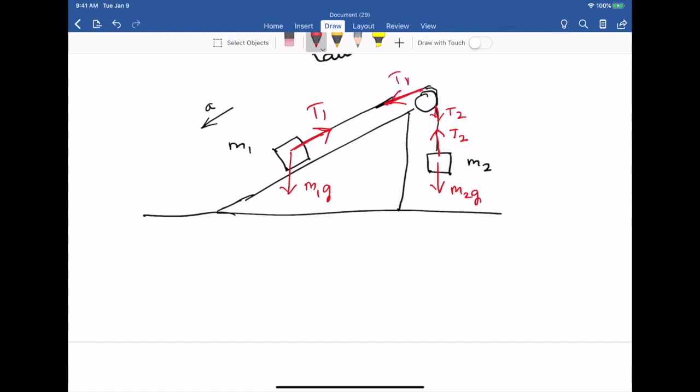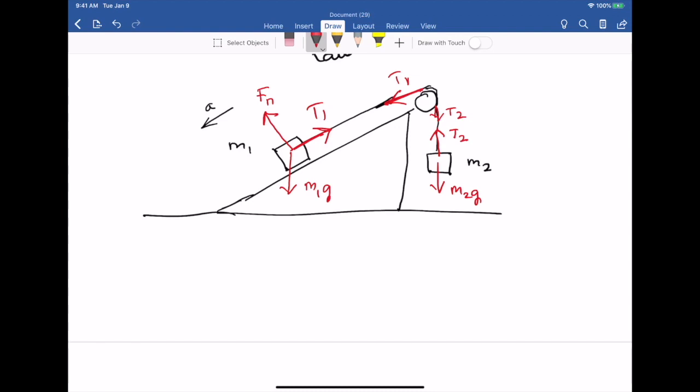So for this segment of the rope, which is left of the pulley, it's not happy about being stretched. So there are two tension forces which show up at the two ends of the rope. Okay, what other forces are acting on M1? There is the normal force, which is acting perpendicular to the incline, Fn. Okay, anything else? And that's all the forces that are acting on M2 and M1.